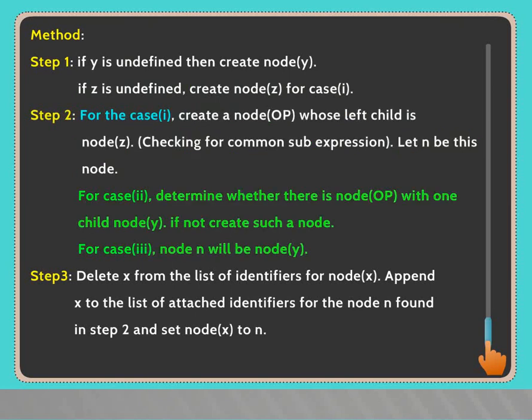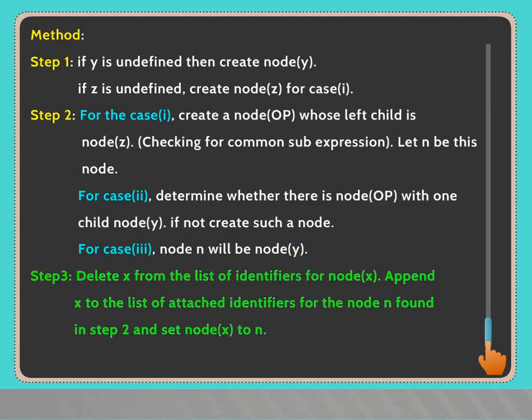For case (ii), determine whether there is a node(op) with one child node(y). If not, create such a node. For case (iii), node n will be node(y). Step 3. Delete x from the list of identifiers for node(x). Append x to the list of attached identifiers for the node n found in step 2 and set node(x) to n.